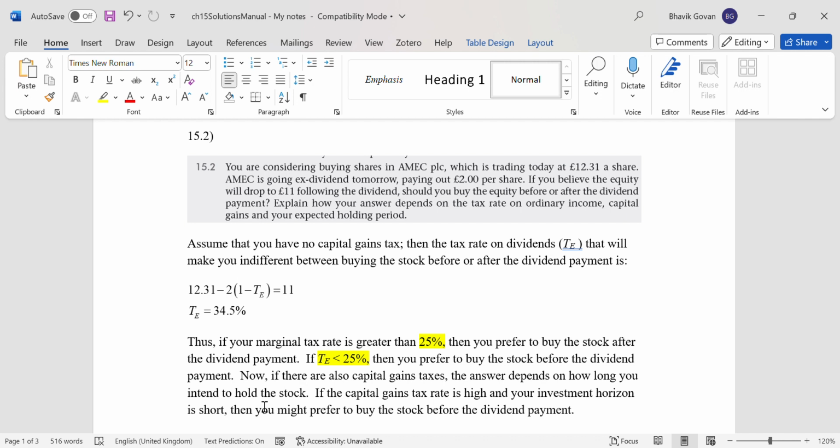Now, if there's also capital gains tax, the answer depends on how long you intend to hold the stock. If the capital gains tax is high and your investment horizon is short, then you might prefer to buy the stock before the dividend payment. So again, just think about how these different taxes affect your investments, buying stocks and all of that.